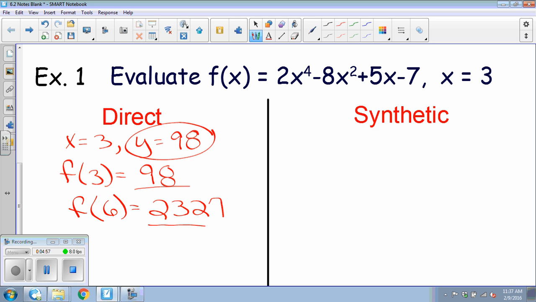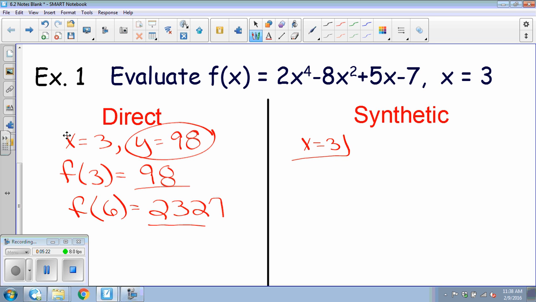So let me show you what synthetic substitution is. Now, personally, I would usually always default to the calculator, but if for some reason you didn't have a calculator, you can do this simply by hand. And so if we want to find out what the y value is when x equals 3, we use synthetic division.